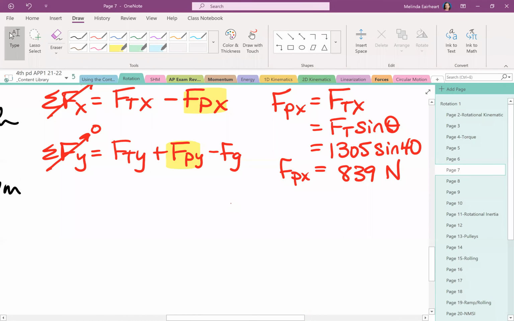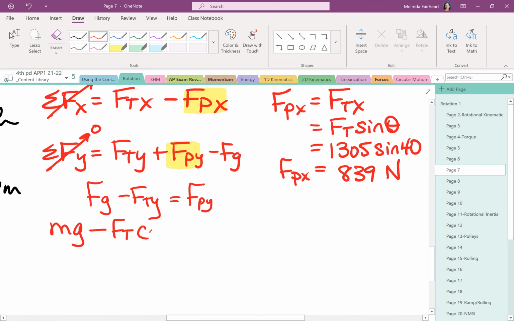So your vertical forces, 2 ups, 1 down. You can solve for FPY, add gravity to the other side, minus FTY. FG equals mg minus that vertical component. So earlier we saw it was adjacent, so we said it's hypotenuse times cosine theta. Then we can plug in our numbers.